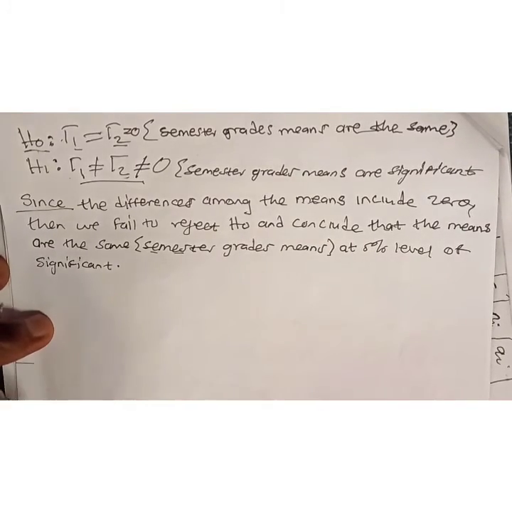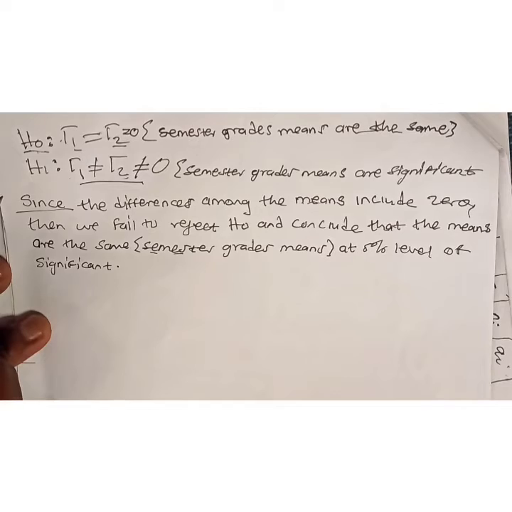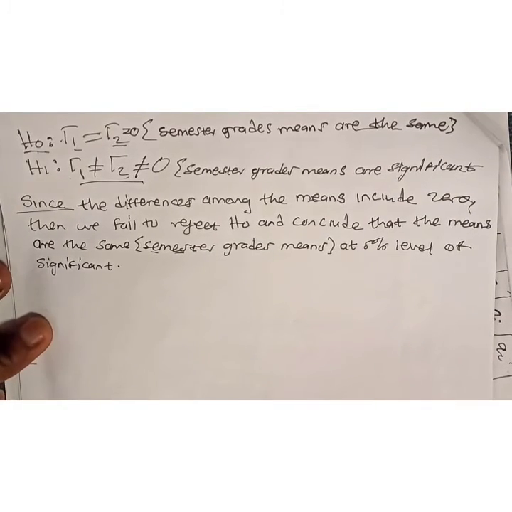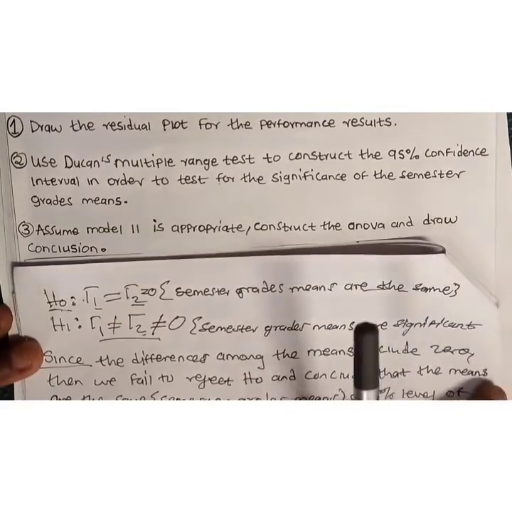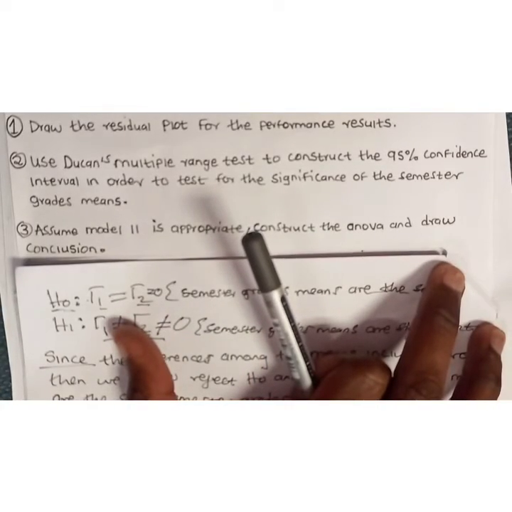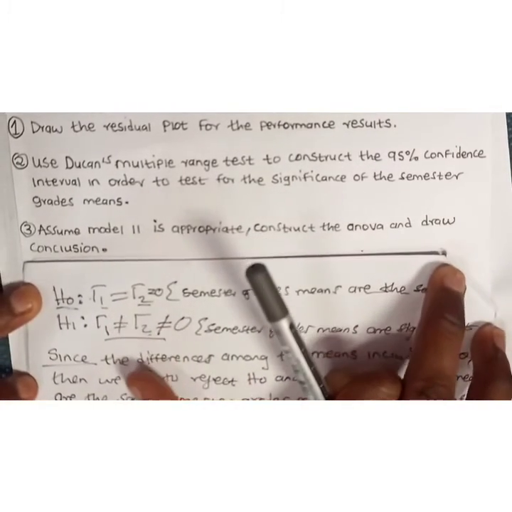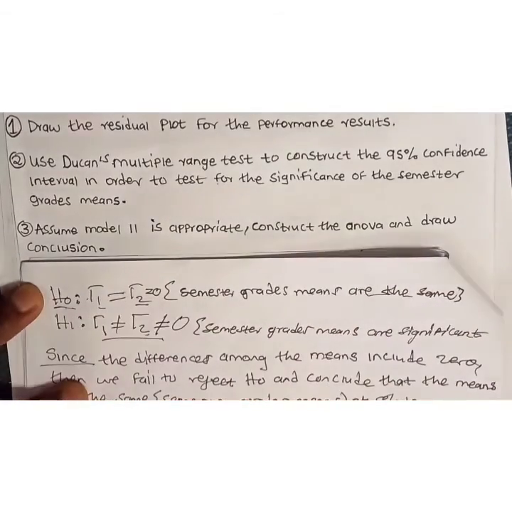We concluded on the hypothesis testing to check if the treatment means are the same or they differ based on the interval. So that's also possible. Finally, we now get to answer the last question. Assume model 2 is appropriate. Construct the ANOVA and draw conclusions.